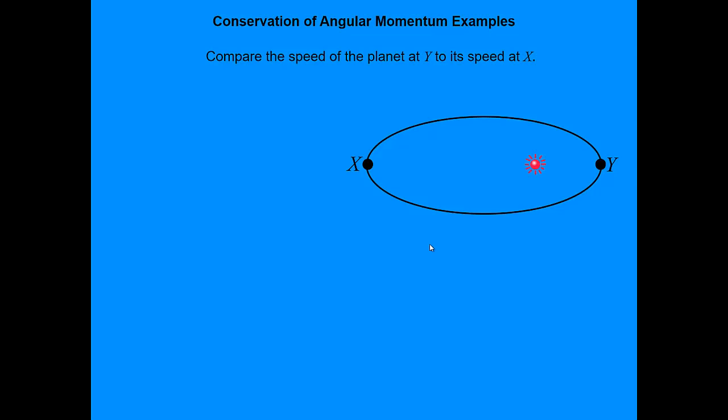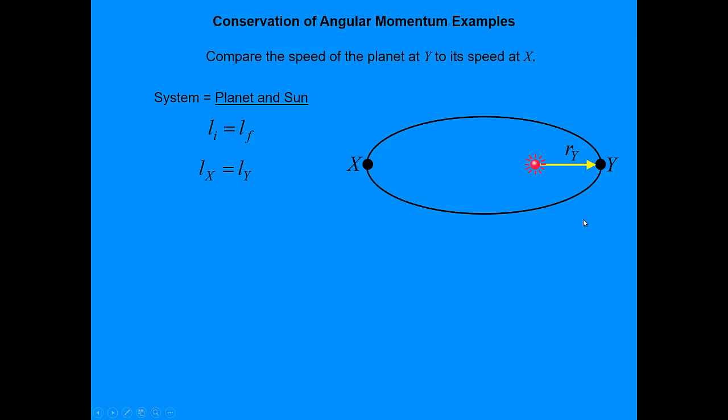Well, if our system is the planet and the sun, then it is an isolated closed system. And therefore, the angular momentum initially and the angular momentum finally have to be equal. In this case, our angular momentum initial will be at x, and our angular momentum final will be at y.